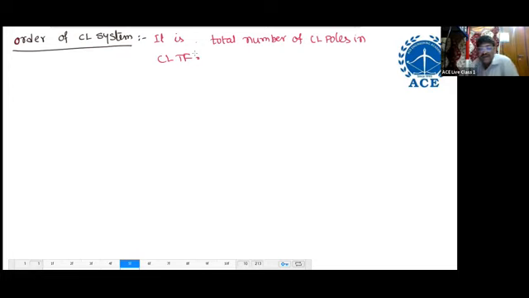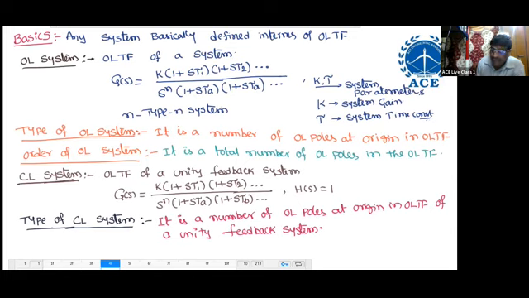For order, we have to observe the closed loop transfer function. For type, you have to observe the open loop transfer function, where H of S should be 1. Remember the definition, don't get confused. Open loop system means for both the things, open loop transfer function only.